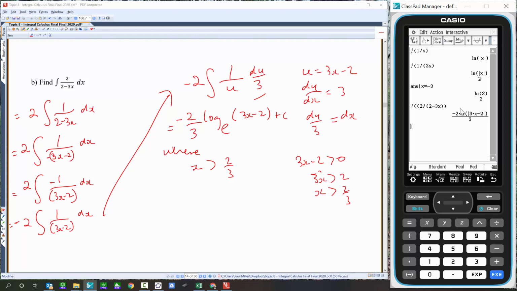All right, and what the calculator does is it gives you the absolute value, so we could actually rewrite this even further as -2/3 log e |3x - 2| + c, where x is not equal to 2/3. So that gives you the negative one and the positive one.